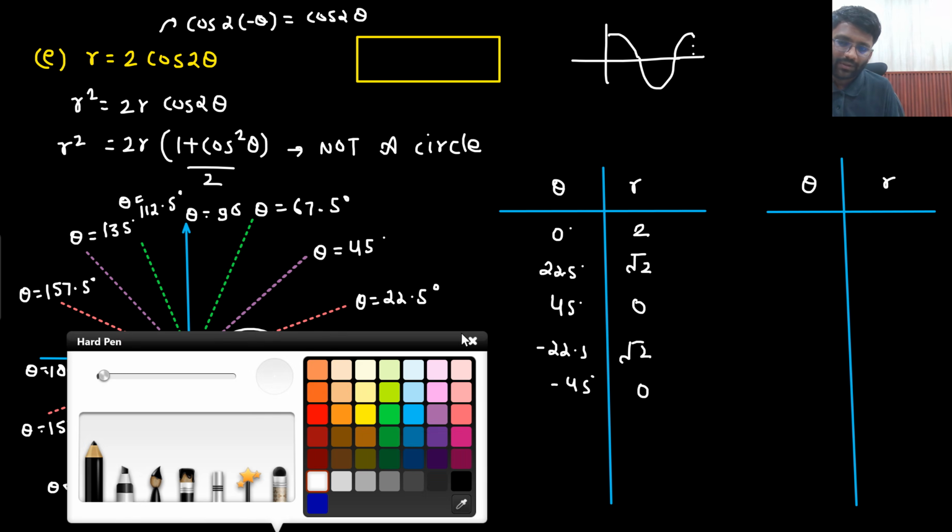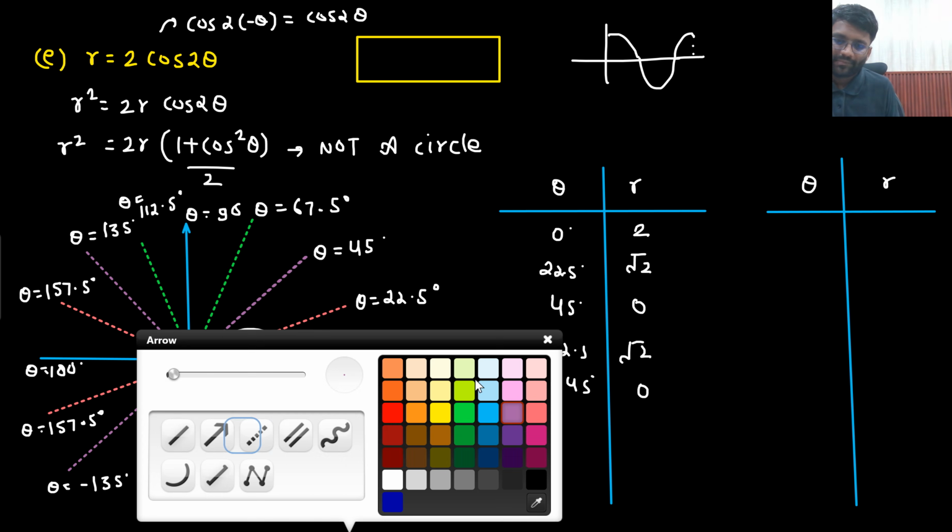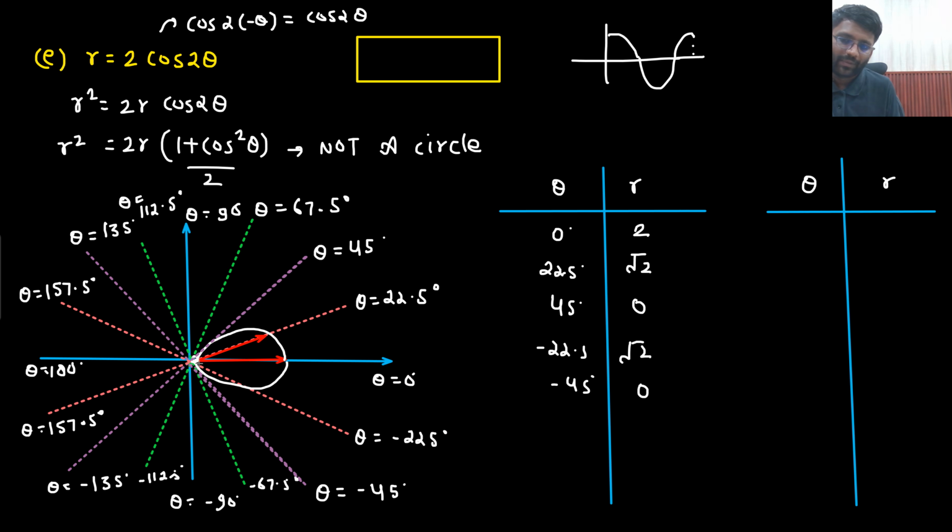So let me make the lobe look a bit better. This is how I can make it look better. So between 45 and minus 45, because at minus 45 you are getting value 0 only, you have got one lobe.